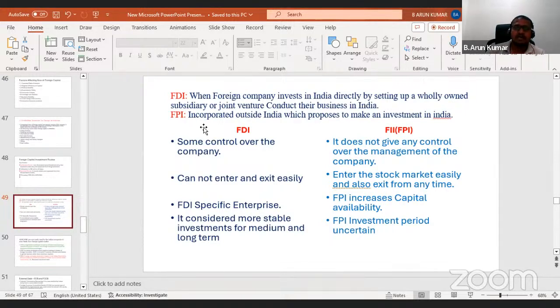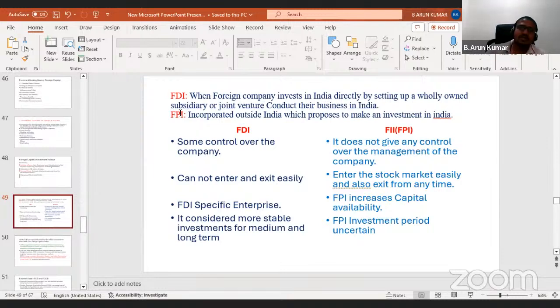FPI means an entity incorporated outside India which proposes to make investments in India. So FPI is wholly situated outside India, but some investments are made in Indian companies.